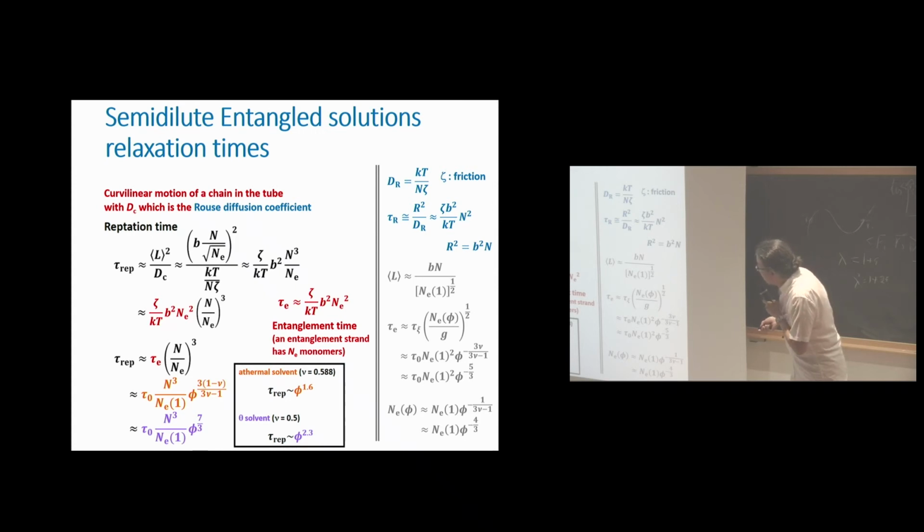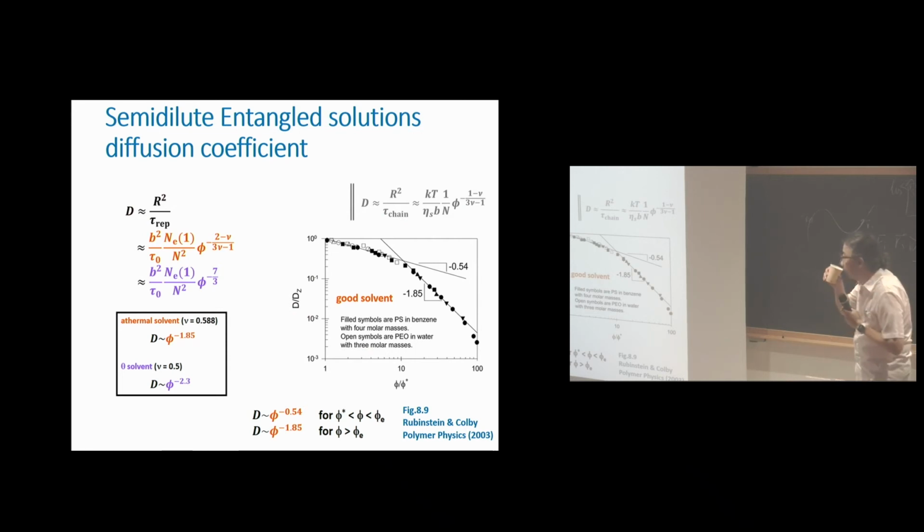And then we know how it depends on the concentration, so we can summarize these to have these relations. Basically it depends on the number of monomers in the chain with a dependence of 3, and then the concentration dependence, depending on the quality of the solvent. So we can use this reptation time to calculate the diffusion coefficient.